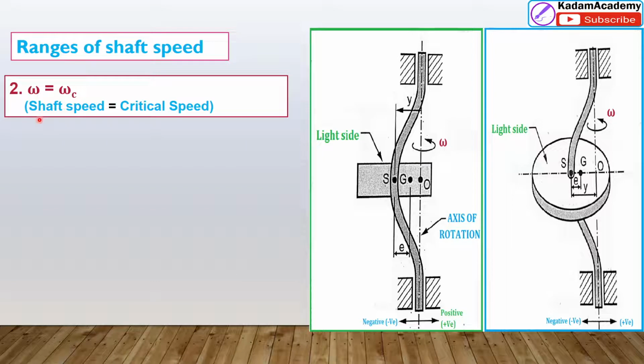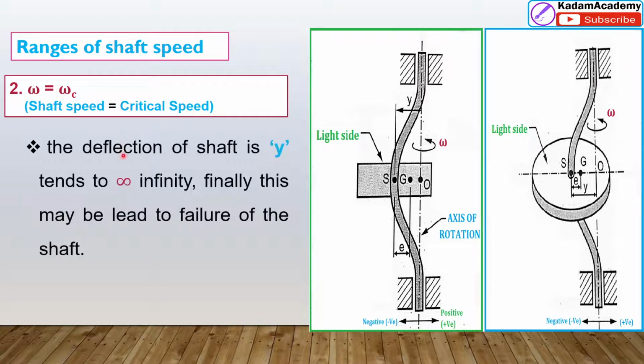Next speed range: the shaft speed is omega equal to omega c. That means the shaft speed is equal to the critical speed. In this case, the deflection will tend to infinity. Why? Already we studied this in the formula for the deflection of the shaft. The deflection of shaft y tends to infinity when omega is equal to omega c.